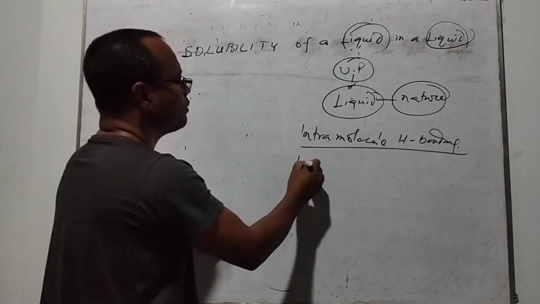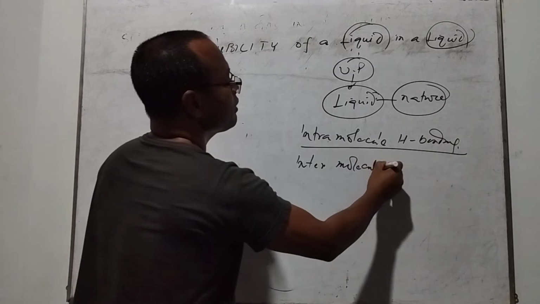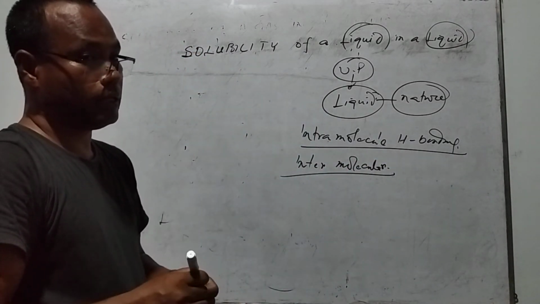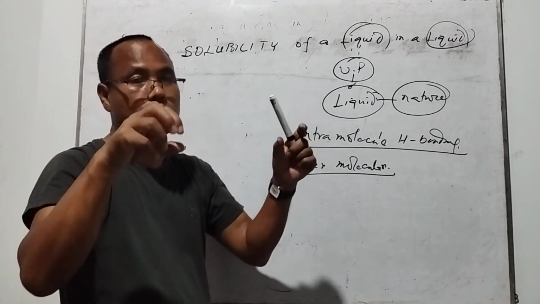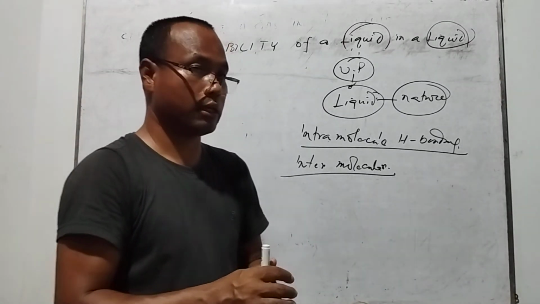Another type of hydrogen bond is intermolecular. Intermolecular means between the two, right? The hydrogen bond formed between two molecules is what we call intermolecular hydrogen bonding.